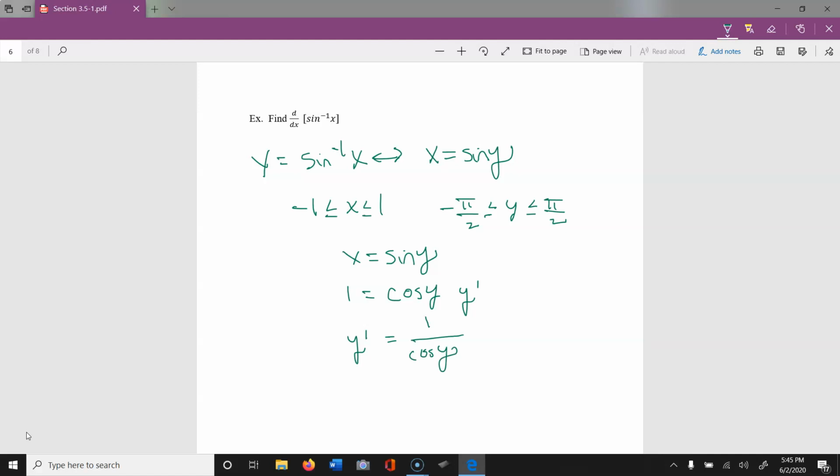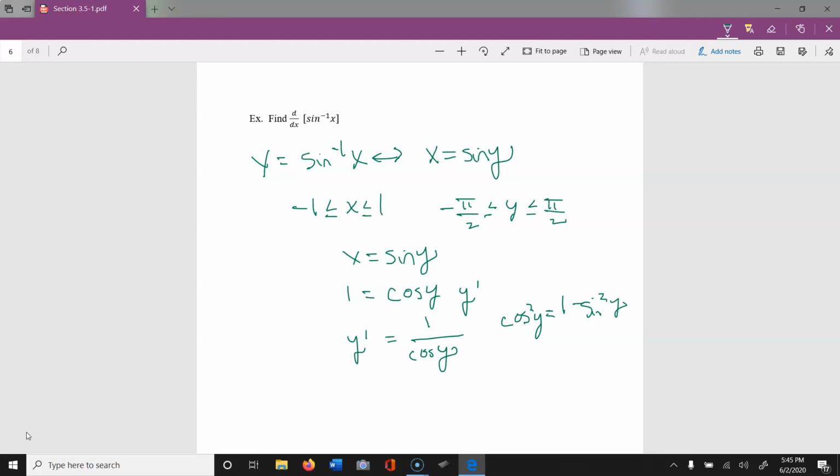And so here's my derivative. But let's say I want my derivative in terms of x only. Well, I know that cosine squared y is 1 minus sine squared y.